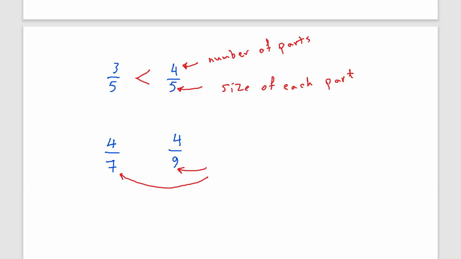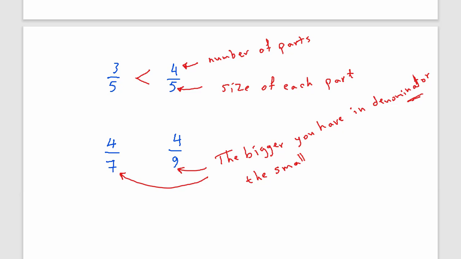So, how to judge? Simply, the bigger number you have in the denominator, the smaller parts you get.